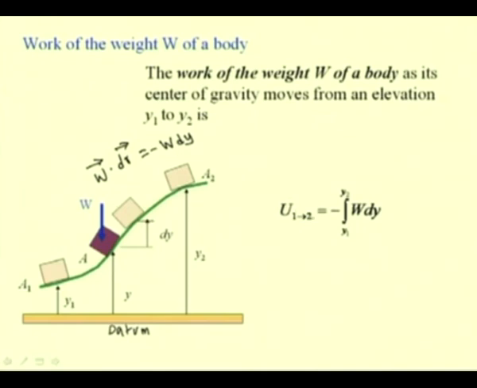So, we have this work done between the position 1 and 2 as the integral of minus W dy, which is equal to W, which is the constant, taken out, and this integration gives y1 minus y2. So, we have Wy1 minus Wy2 as the work done by this force W when the body is being raised from the position A1 to A2.